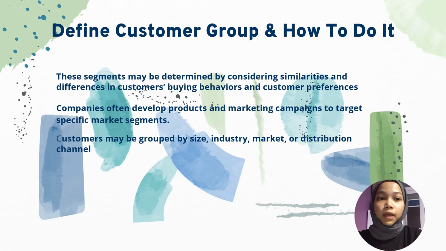Customers may be grouped by size, industry, market, or distribution channel. For example, in the food processing industry, it may be useful to group customers by distribution channel, distinguishing between supermarket chains, independent grocers, and smaller outlets such as 24-hour convenience stores.